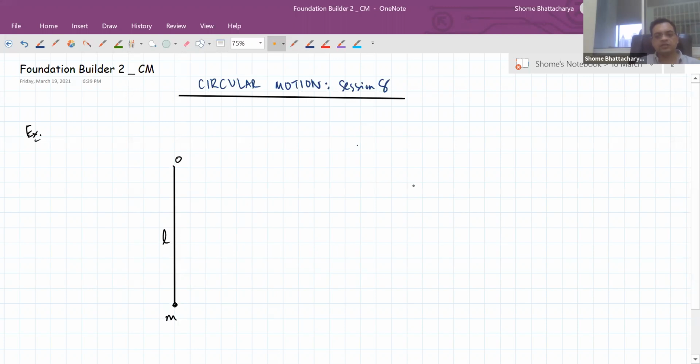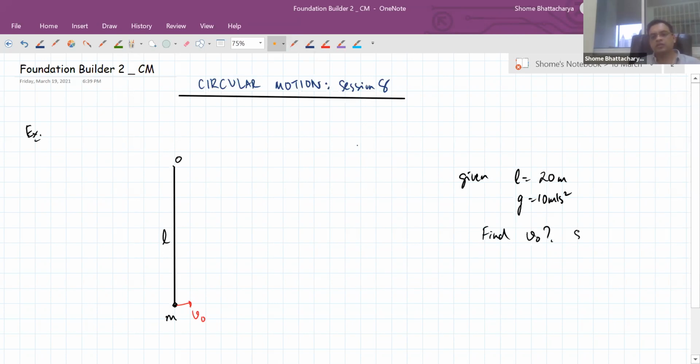Now what we want to do here is that given the value of the length is, let us say 20 meters, and the acceleration due to gravity is 10 meters per second square, we want to find out what speed it should be given at the lowest point.